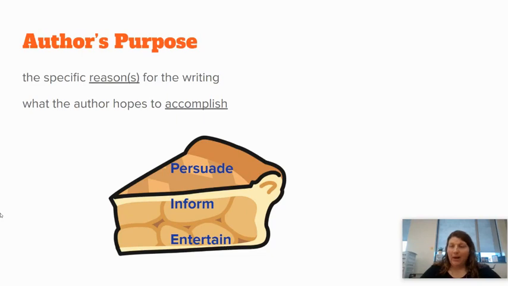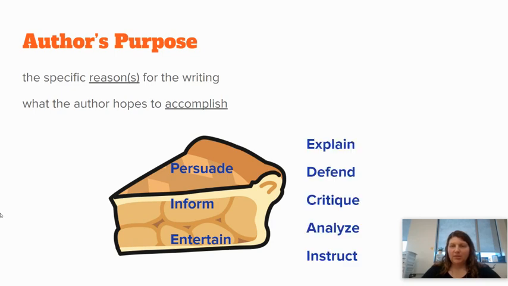And this PIE acronym is something that I used when I taught junior high, middle school, and it might be something that you're familiar with. These are the basic author's purposes: persuade, inform, entertain, which spell the acronym PIE. But there are many different purposes, and these are some additional examples.